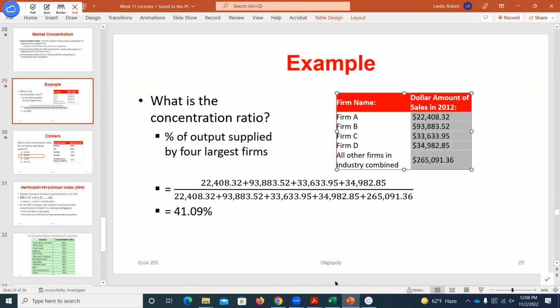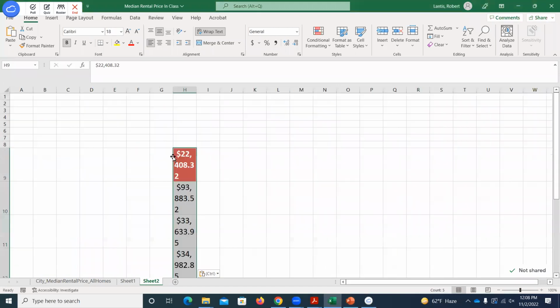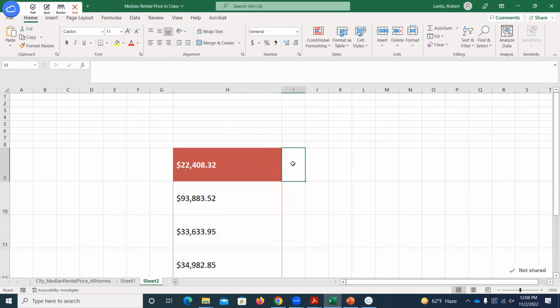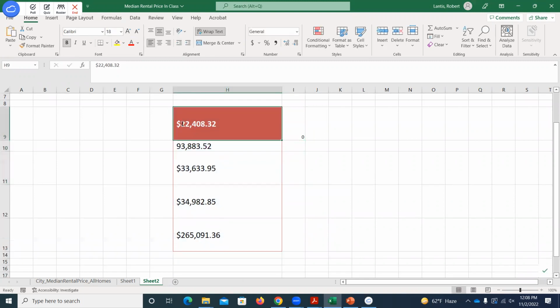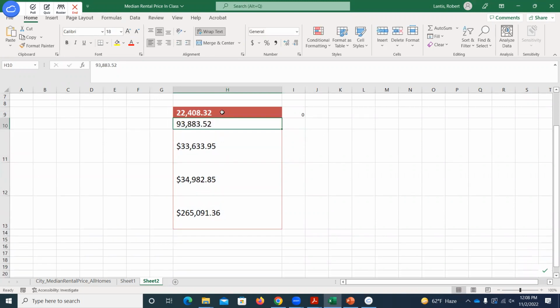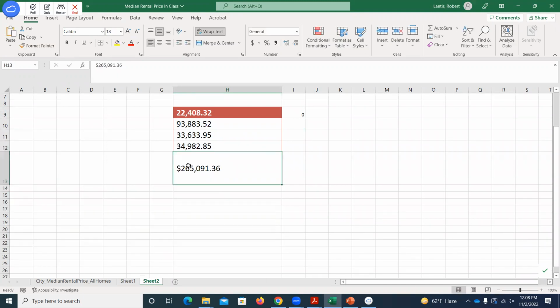I'm gonna copy. Luckily, I have Excel here. So I'm gonna paste that. Nope, these are all dollar amounts. It doesn't like that. If anybody gets it before me, feel free to let me know. I thought I had it.